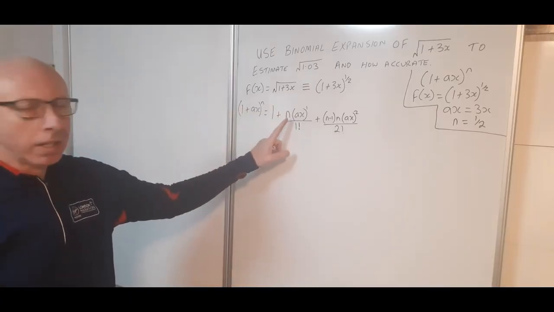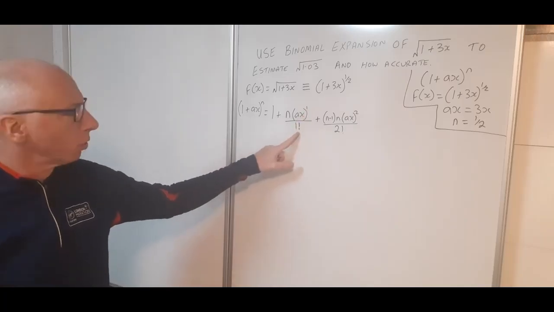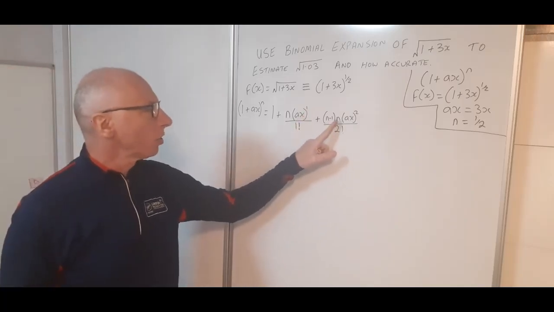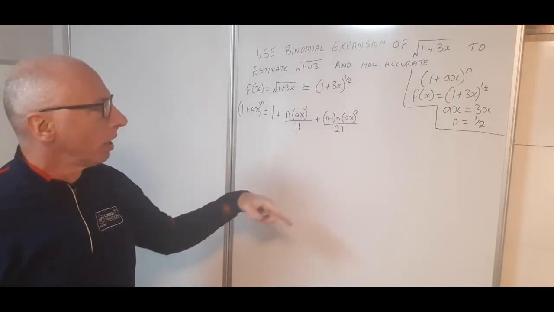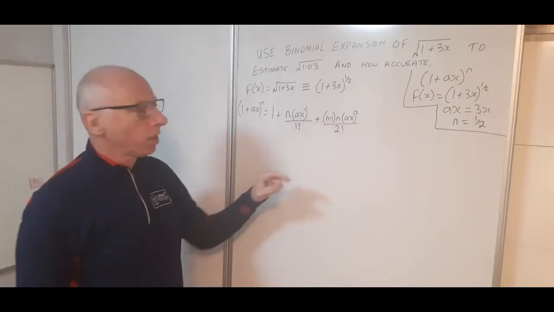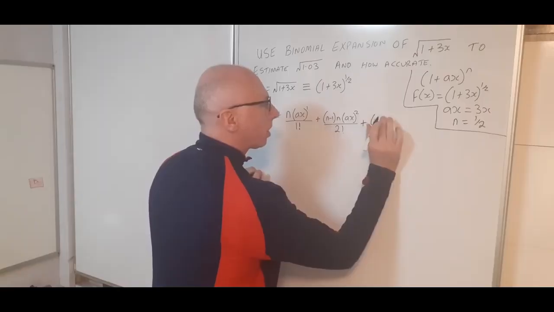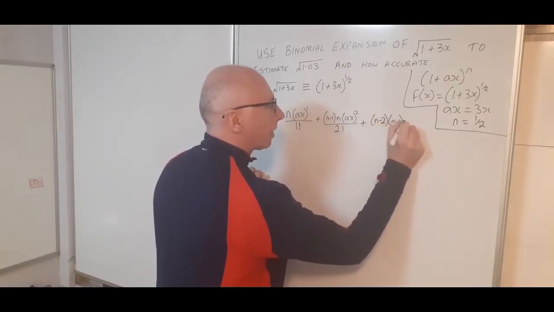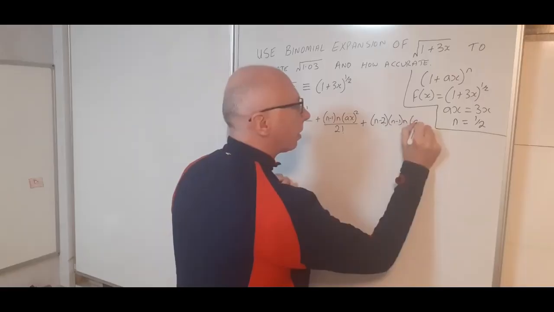So you can see what's happening here now. I've got ax to the power of 1, which was trivial, and 1 factorial, which is just 1. But here you can see now I've got an ax squared and a 2 factorial, and I've subtracted 1 from n here. So now the next term, you can see what the pattern is: n minus 2, n minus 1 and n, and then I've got ax cubed, so the whole thing cubed.